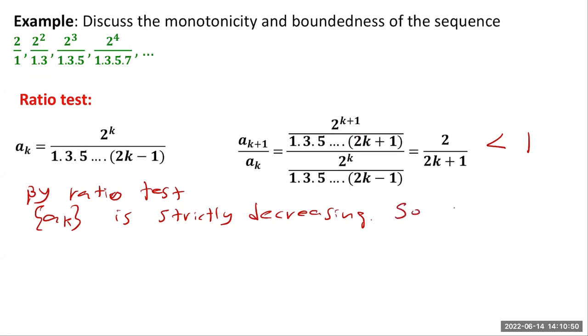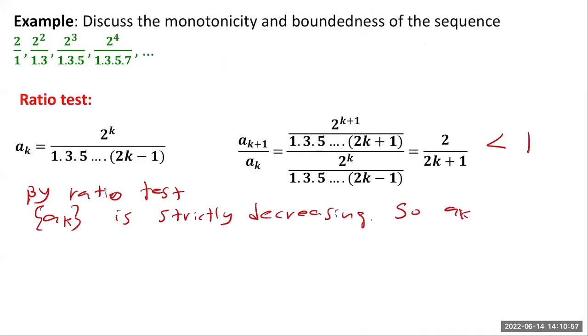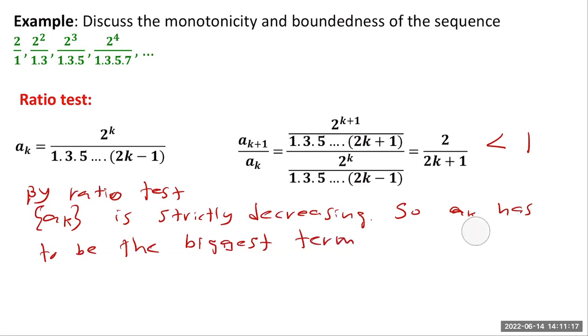So a_1, pardon me, a_1 has to be the biggest term. Okay, this is not a_k, it's a_1.